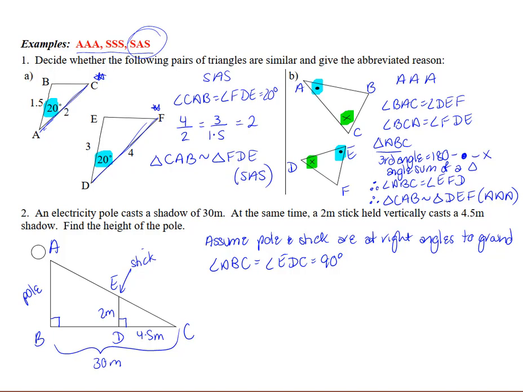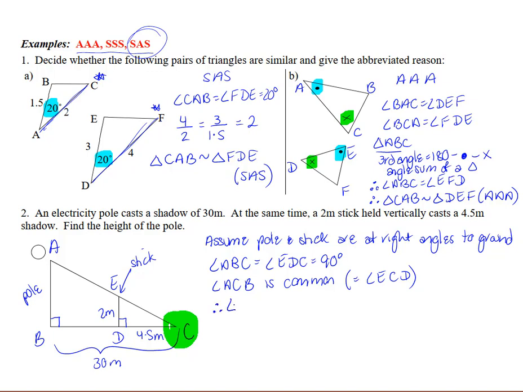Okay, next, this angle here is common to both triangles. So angle ACB is common, okay? So it's equal to angle ECD in the other triangle.